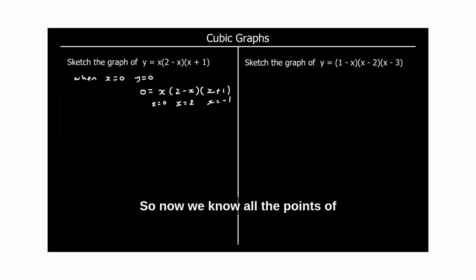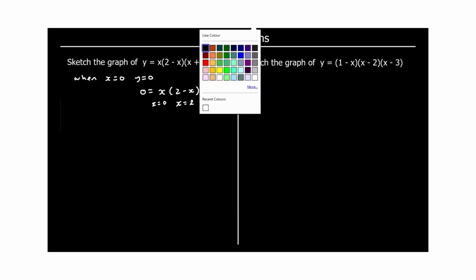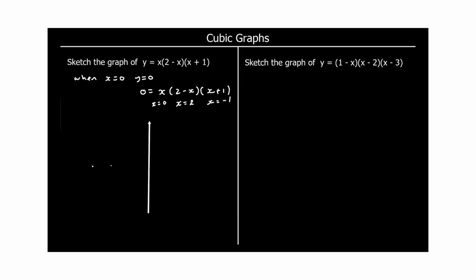So now we know all the points of intersection. So we know it crosses at 0, 0. It goes through the origin. It's also x is negative 1 and x is at 2.